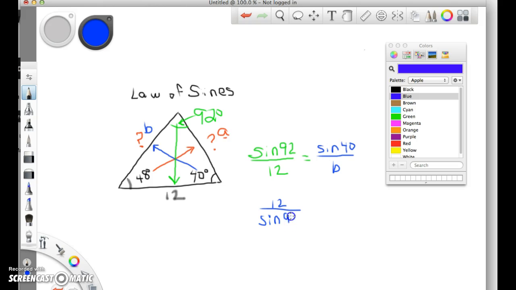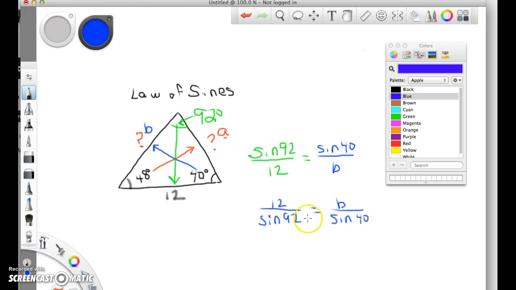I think actually I should have started with the sine of the bottom instead. That would have saved us a step, but it's all good.